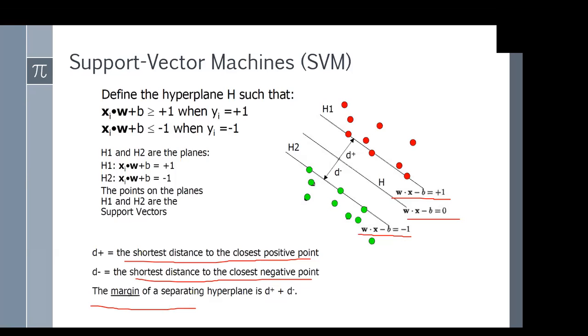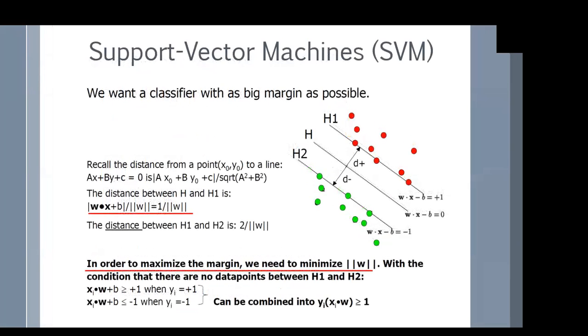Okay. So now, next step. Clearly we should find a classifier which provides us as big a margin as possible. And we know the distance from a point to a line, I guess it's calculus 3 or something, the part about planes and distances between points and lines.